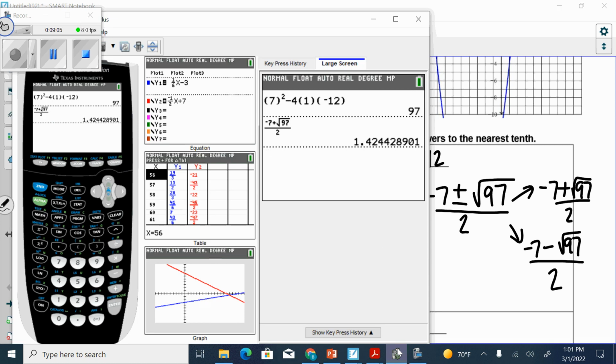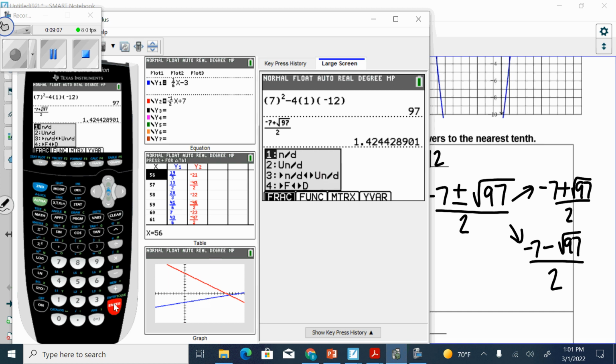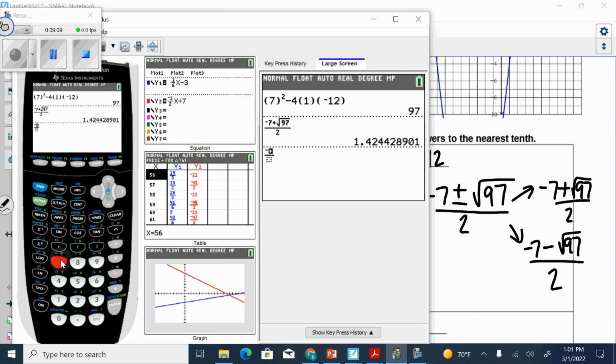So I got alpha y equals enter, negative 7, this time minus the square root of 97 all over 2. And this time I get negative 8.4244 and so on, right?